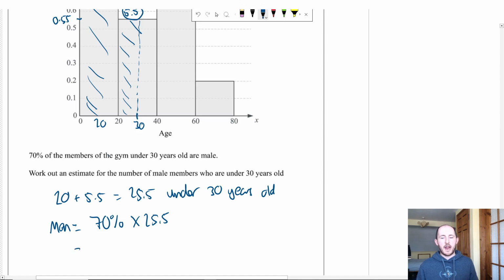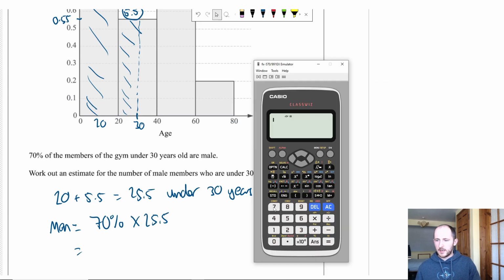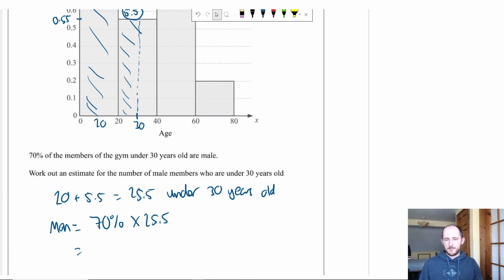And then we're going to round to the nearest whole number to work out an estimate. So 70%, again, we can just type in 70, shift, answer, times 25.5, and you get 17.85 men. I would recommend writing out the decimal version first, but then saying that there's 18 men as a whole number.